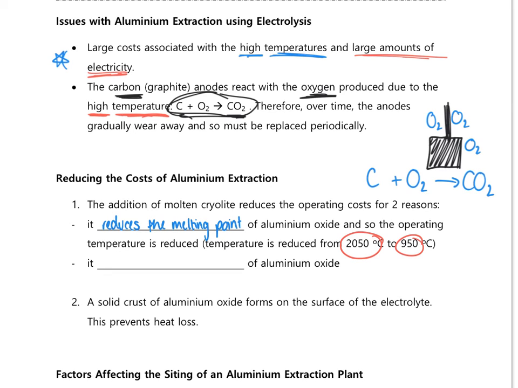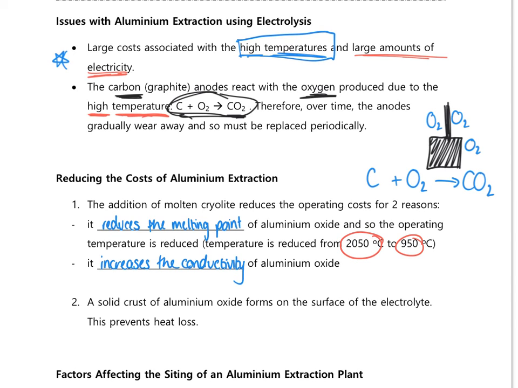And the second thing that it does is that it increases the conductivity of aluminium oxide. And think about the two things that give us a high cost. First of all, we have high temperatures associated. So we see how molten cryolite reduces that cost, because I don't have to put in as high a temperature when it's dissolved in molten cryolite.